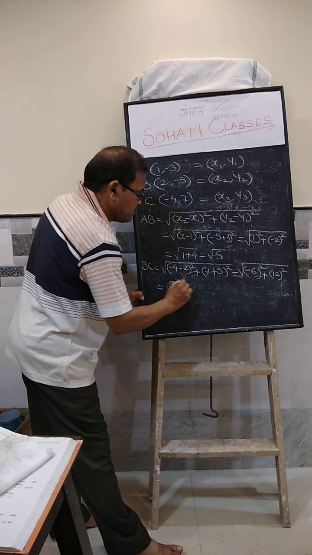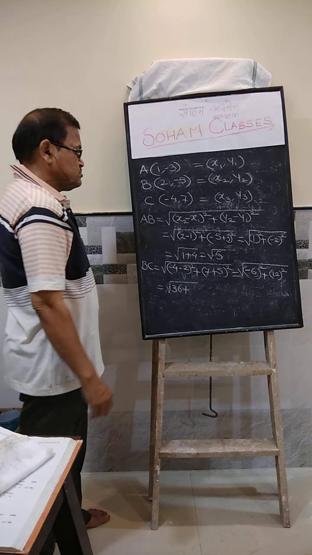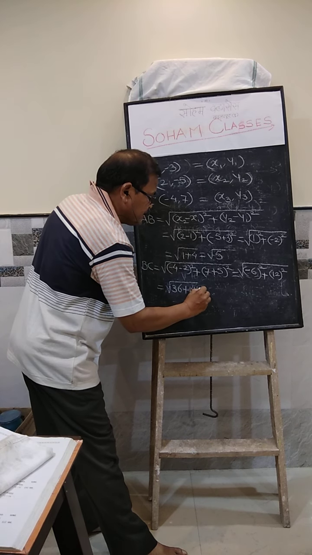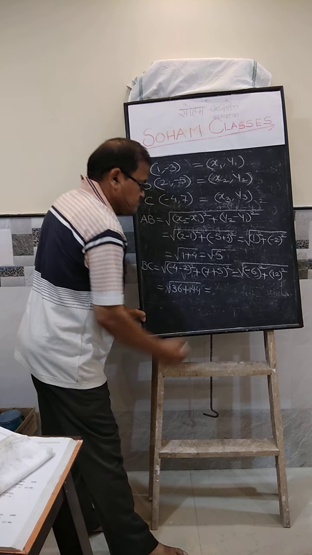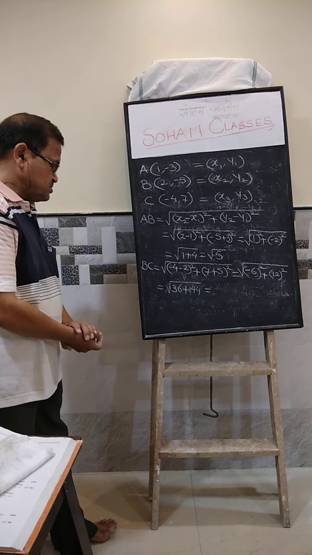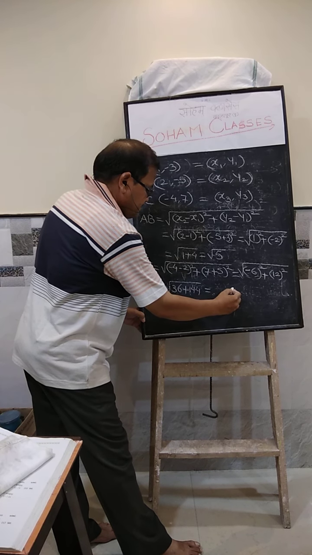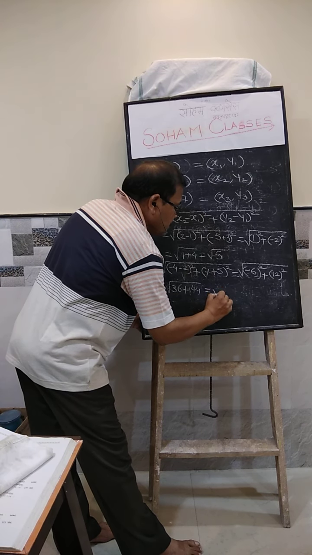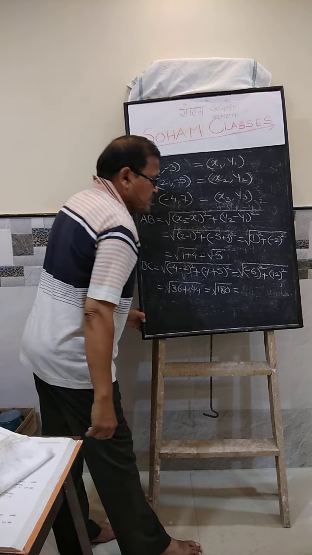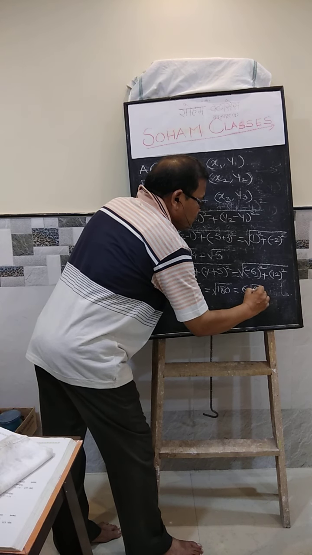So we get 36 plus 144, that is the square of 12. So the sum of these 2 is under root 180, that is 6 root 5.